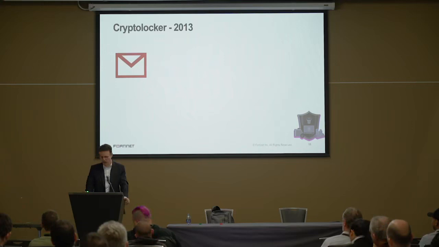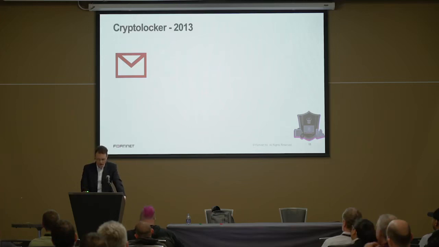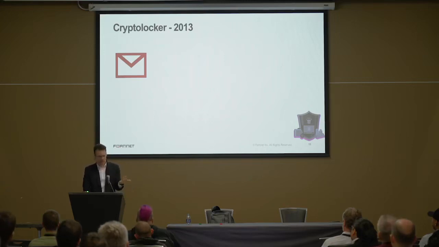Most likely, the individual behind this threat had a network of spam bots sending those from actual companies, so it would feel more enticing and more real, so that you would be more prone to open it.